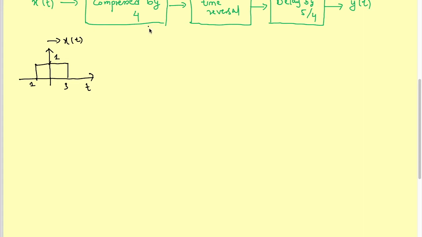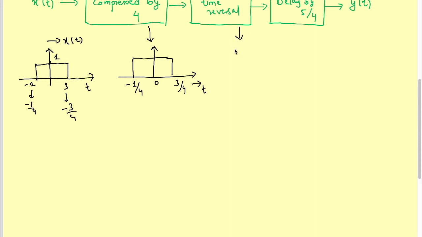Now I have to compress my signal by 4, so it will look something like this. Sorry, it is minus 1 here, so it will look like minus 1 by 4, 0, and 3 by 4.